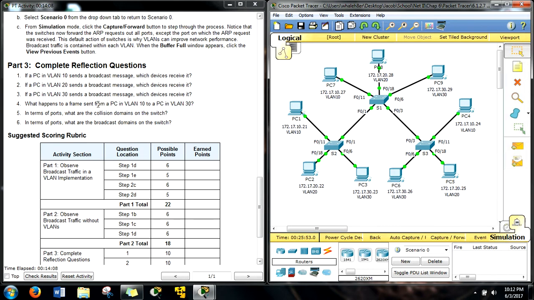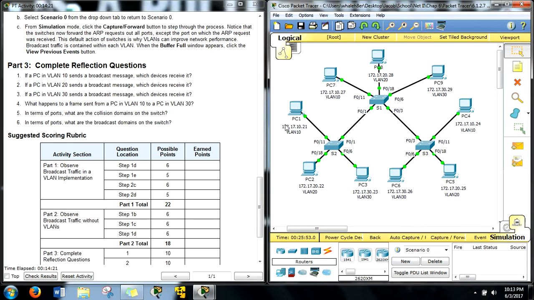What happens to a frame sent from a PC in VLAN 10 to a PC in VLAN 30? Now, if everything was configured properly, which it now no longer is, and PC1, being in VLAN 10, sent a packet out trying to get to VLAN 30, a ping or whatever, it's not going to make it.